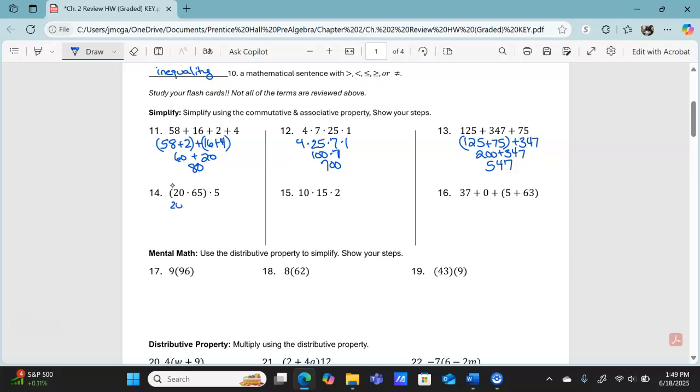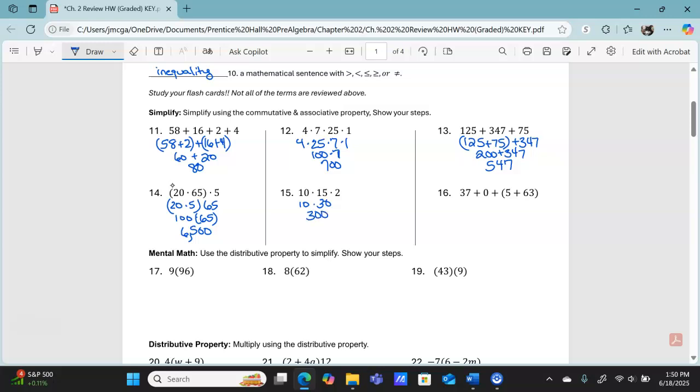Here I'm going to rearrange and do the 20 times the 5 first because that's 100. And then 100 times 65 would just stick 2 zeros on the end of that 65. I would keep this one as is because I know that 15 times 2 is 30.